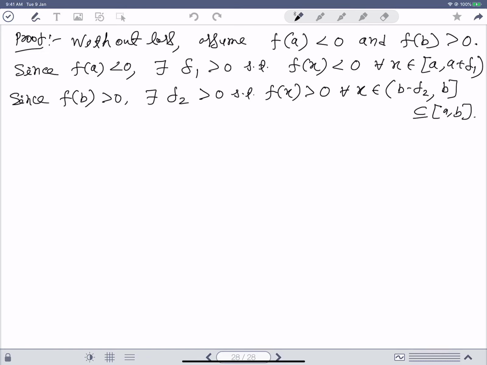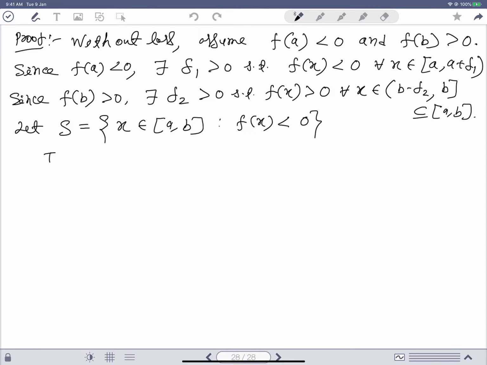Fine. Now consider the set S, which is all the elements from the closed interval AB such that f of x is strictly less than 0.